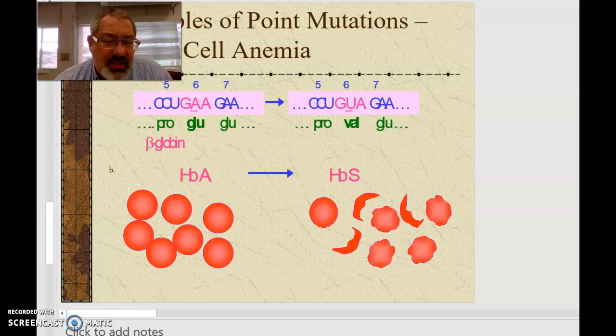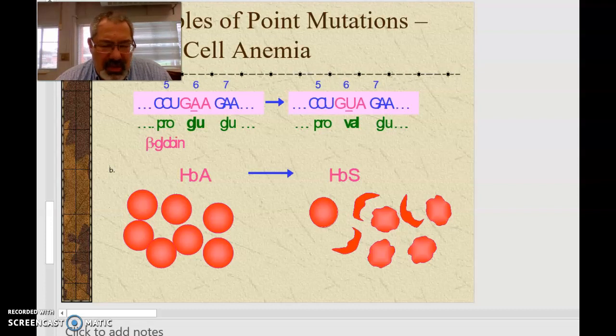So point mutations, just to go back, the substitution of one to several bases within a gene can form a different allele, some altered protein product, if you will. So examples of point mutations are insertions, deletions, substituting one base for another.